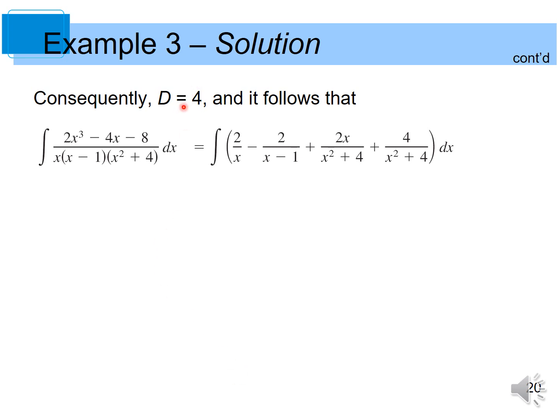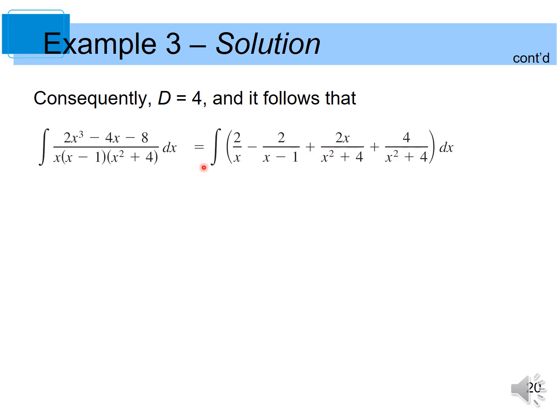After we obtain the D value, we can substitute the A, B, C, D values into the partial fractions. We can perform the integration on the right side easily, since they are in sum form.